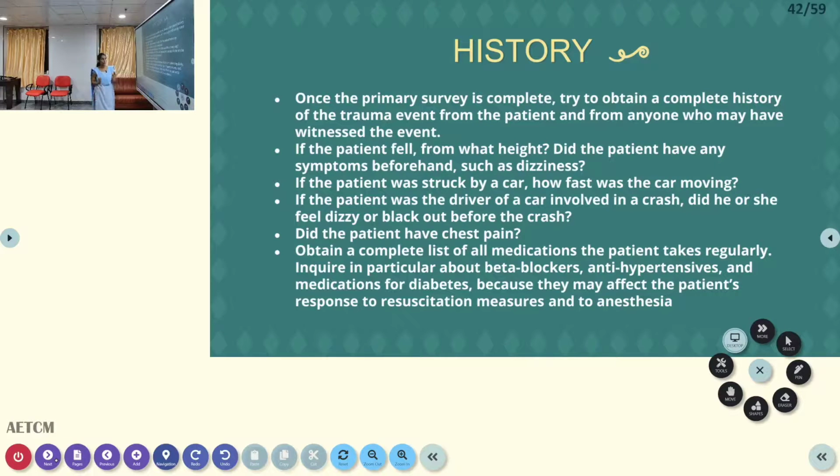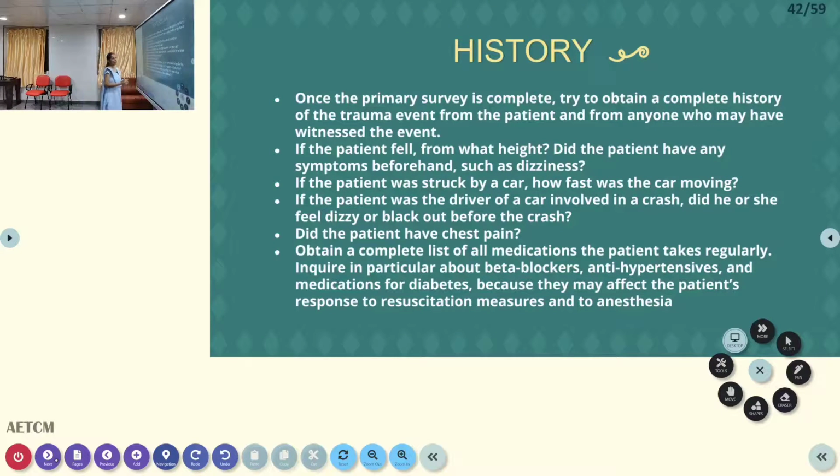So next, after the primary survey, try to take the complete history of the trauma event from the patient or from anyone who may have witnessed the event. For example, if the patient fell, from what height, and did the patient have any symptoms beforehand, such as dizziness? If the patient was struck by a car, how fast was the car moving?